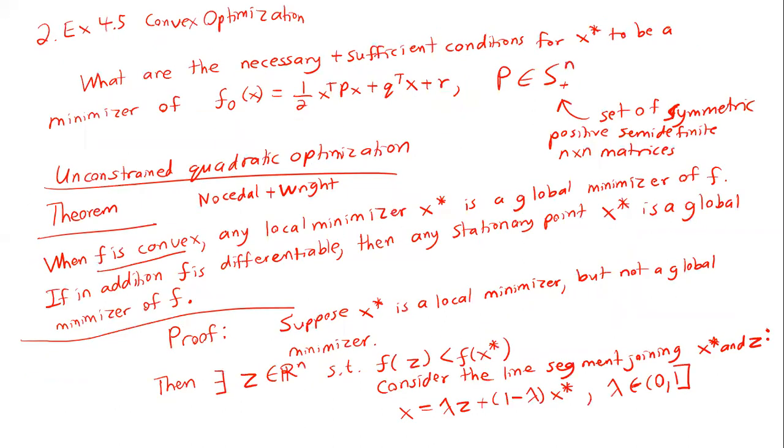So what we have just demonstrated is that if f is convex, then any local minimizer must be a global minimizer, because either the local minimizer is a global minimizer or it's not. I only have two choices. And I was able to demonstrate that if it was a local minimizer but not a global minimizer, then I would have a contradiction.